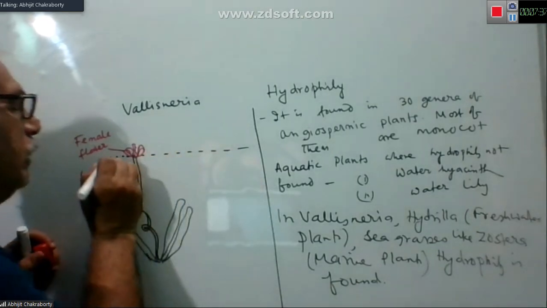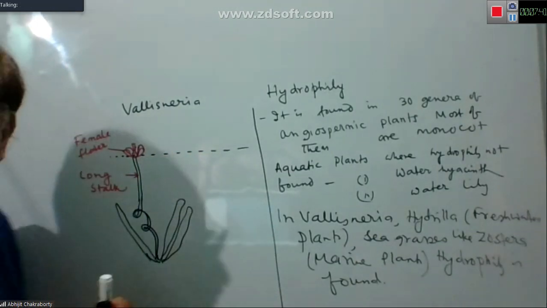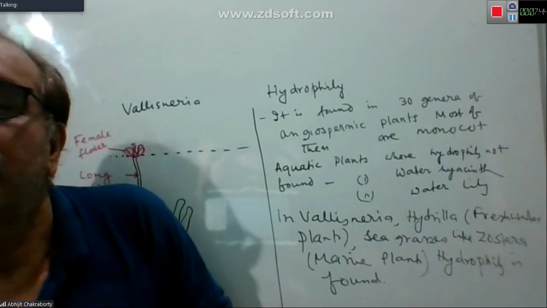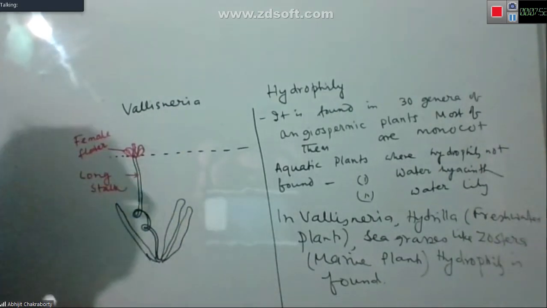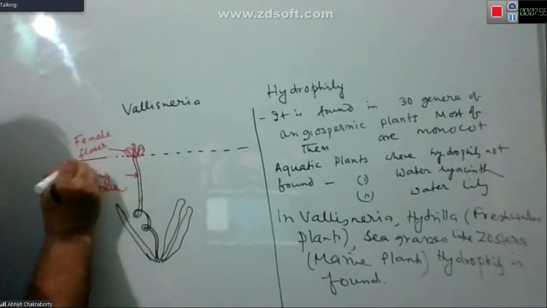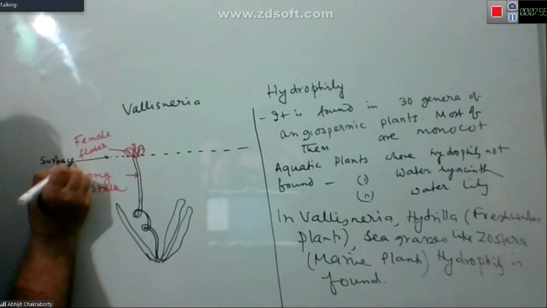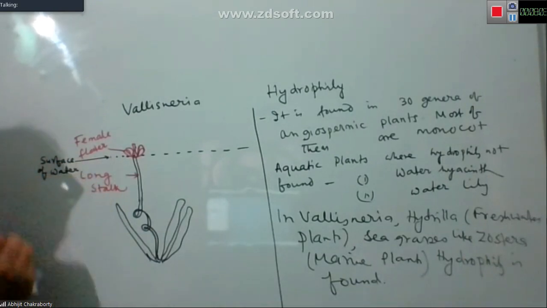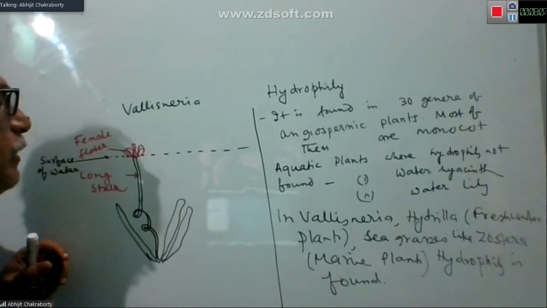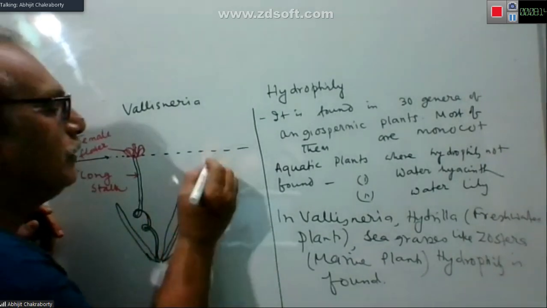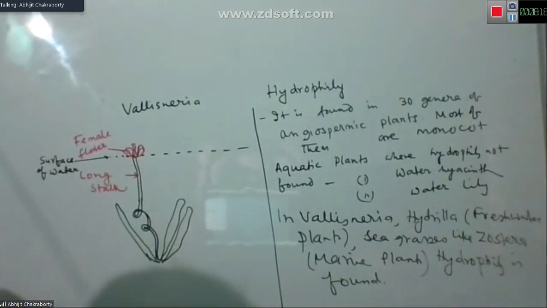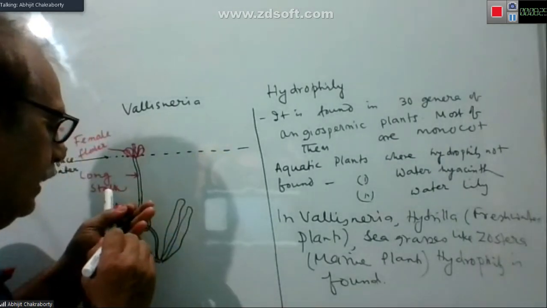These are at the surface of water. The female flower reaches the surface of water, and male flowers, on the other hand, are reaching there.